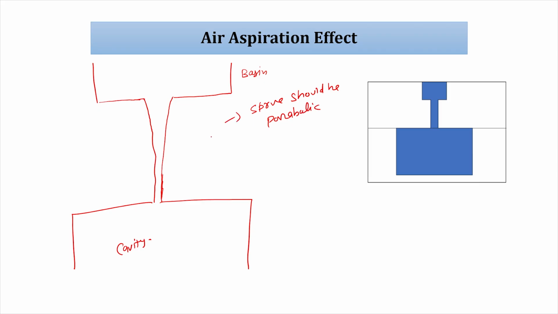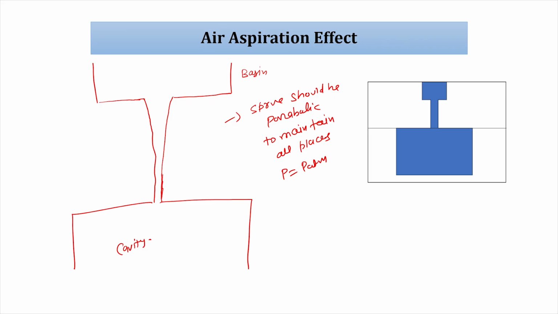Sprue should be parabolic to maintain P equal to atmospheric at all places. If you want to maintain minimum pressure of atmosphere at all places along the liquid column, the sprue should be parabolic, and the lowest area should be at the bottom and the maximum area at the top.